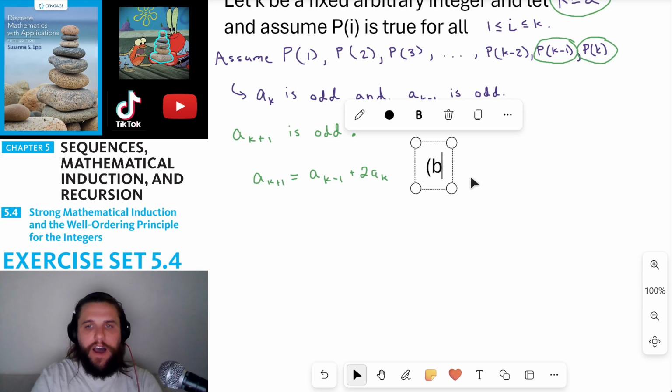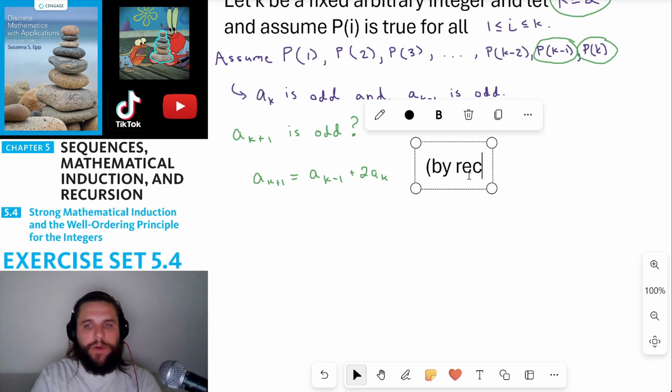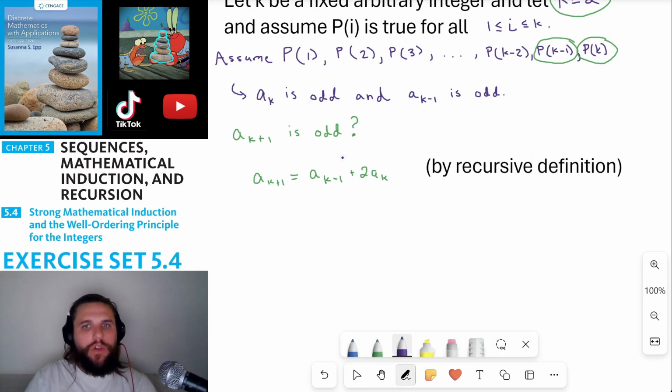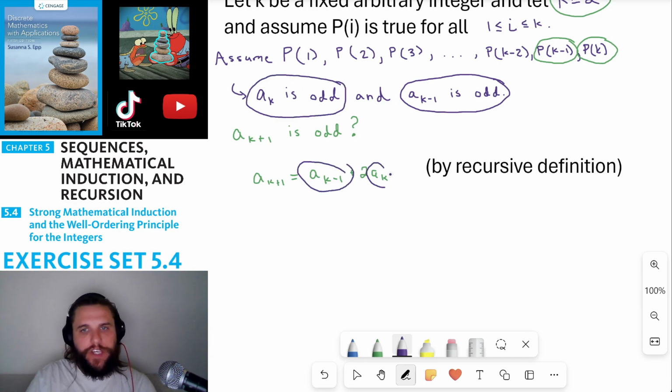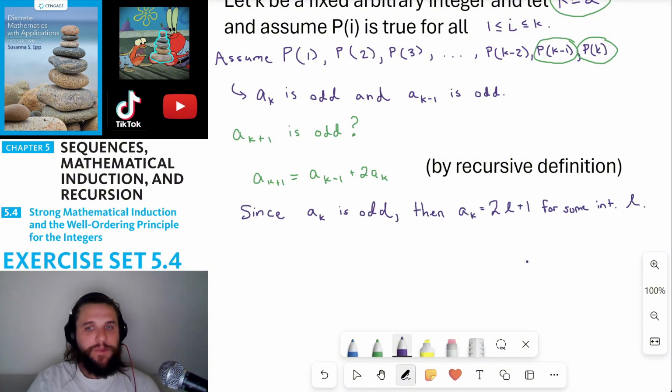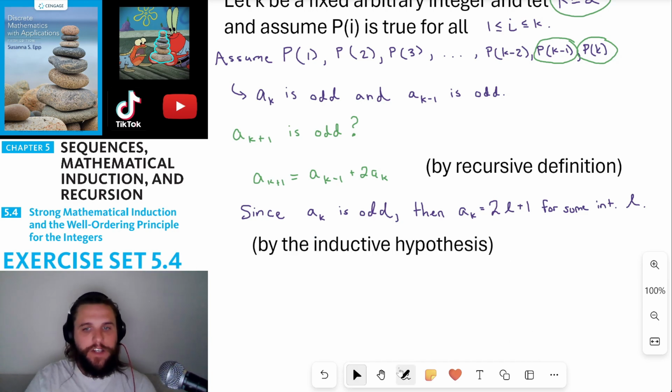And let's clarify why this is true. This is by the recursive definition. But now we can utilize our inductive hypothesis. We know that a sub k minus 1 is odd, and we know that a sub k is odd. That means that both of these numbers here are odd. Since a sub k is odd, then a sub k equals 2 times L plus 1 for some integer L. And we know this by the inductive hypothesis.